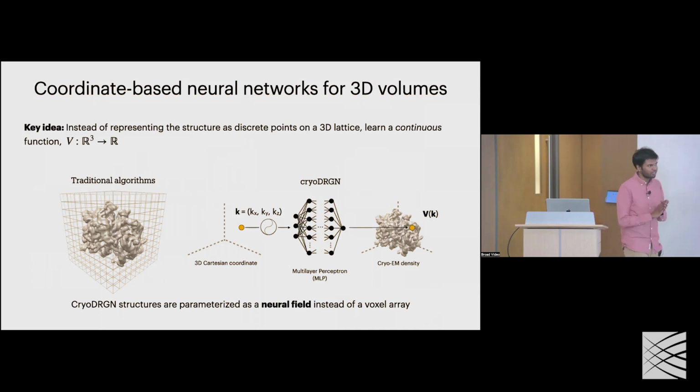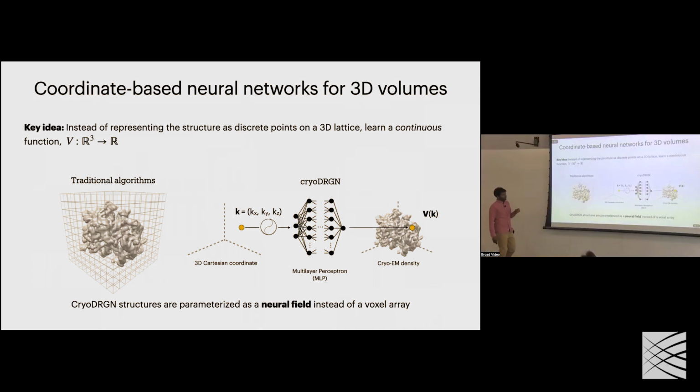To introduce the architecture, first we can think about how to efficiently parameterize volumes in this new setting. In the homogeneous case, we essentially optimized a volume like this. We had this cubic grid of voxels, and we optimized the values of each of those voxels to build up this volume. There's another way we can parameterize the same volume, which is using something called a neural field.